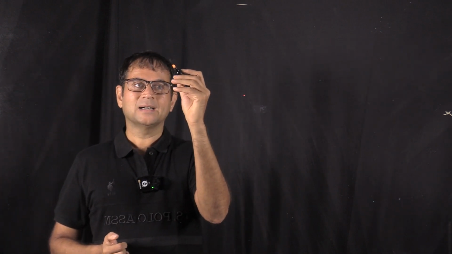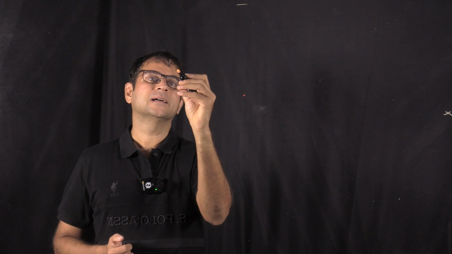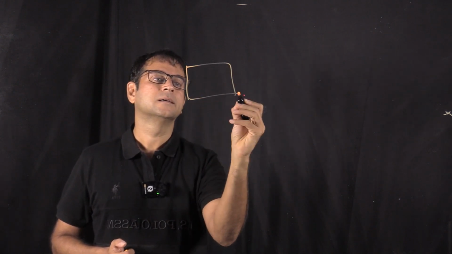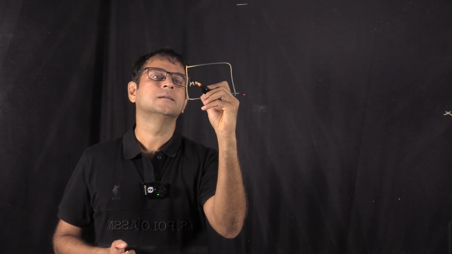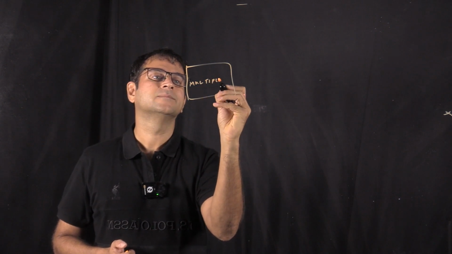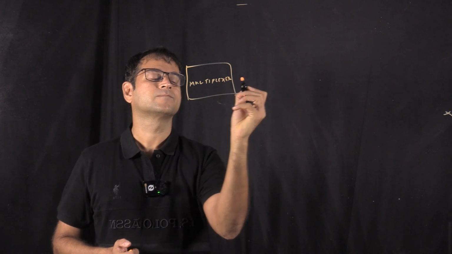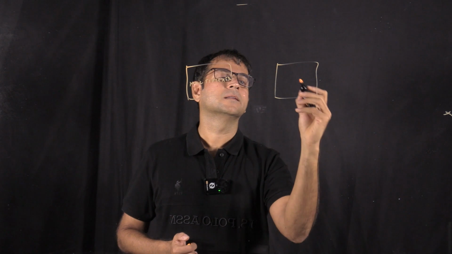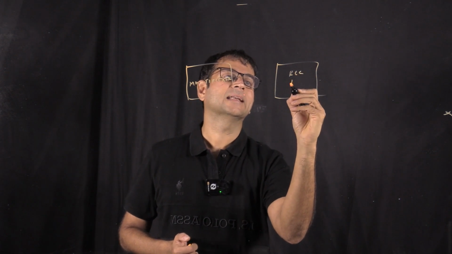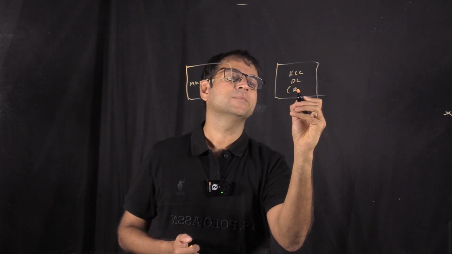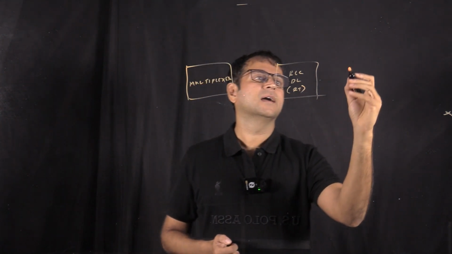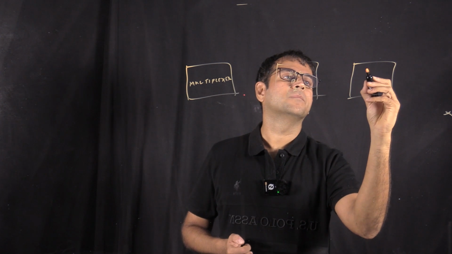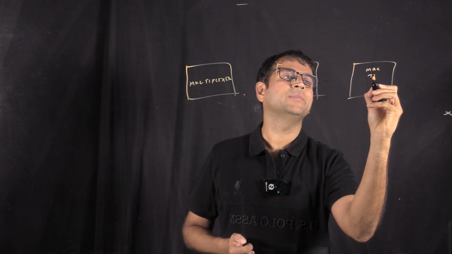So there are 3 major functional blocks: the multiplexer, the RLC DL, which is real-time critical, and then the MAC TB creator.